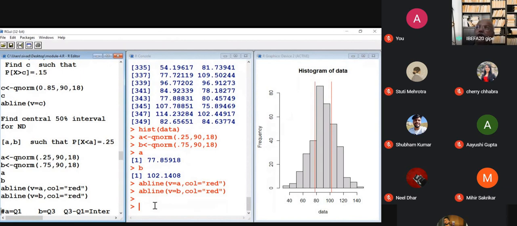P binom, P norm, D binom, D norm, R binom, R norm, Q binom, Q norm. Whenever a problem comes, first you have to understand what you are supposed to do. Accordingly, write the syntax and algebra.